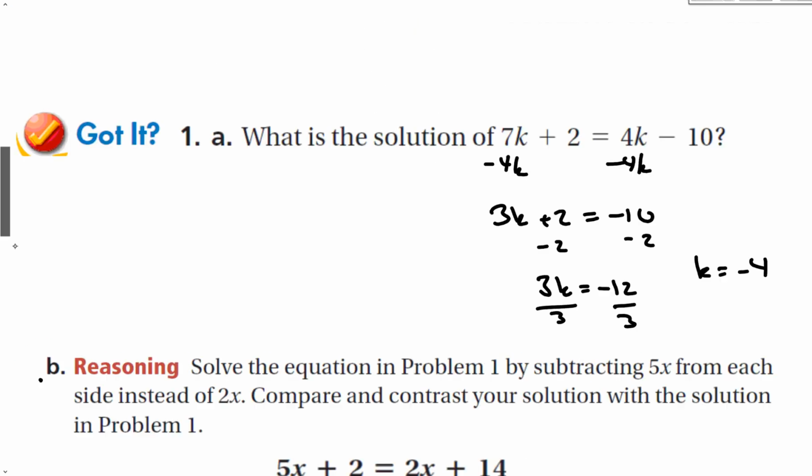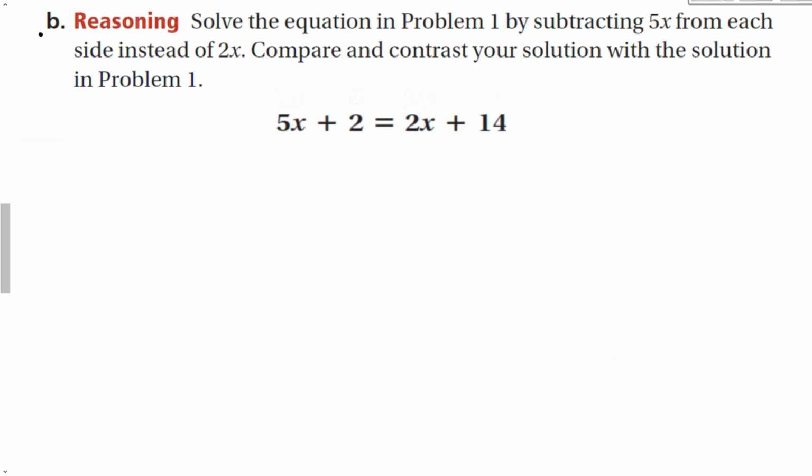So kind of the same situation that we did up here. But let's see what happens if we do this backwards. Let's subtract 5x from both sides. Still I have subtracted the same thing from both sides of the equation, so I still should get the right answer. But watch what the problem is. 2 = -3x + 14.